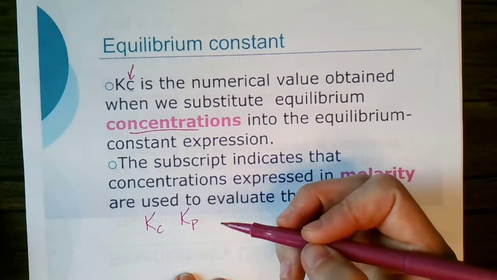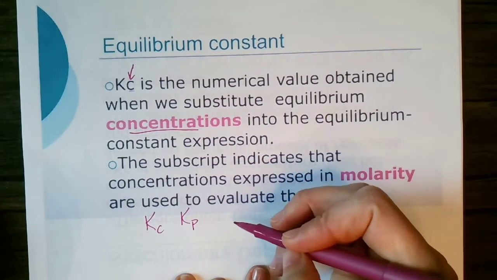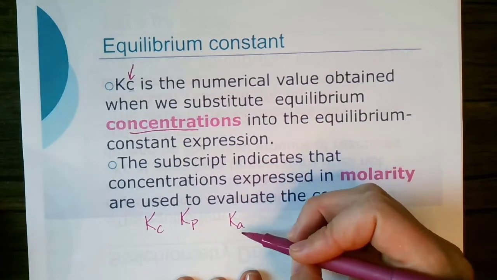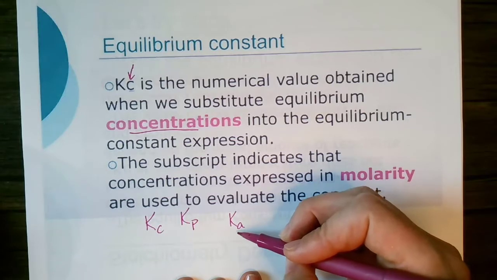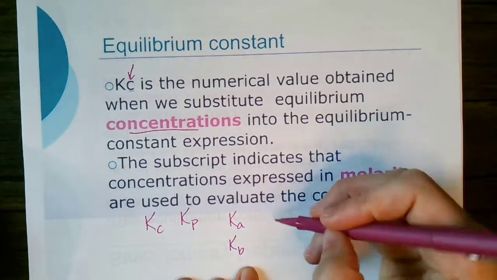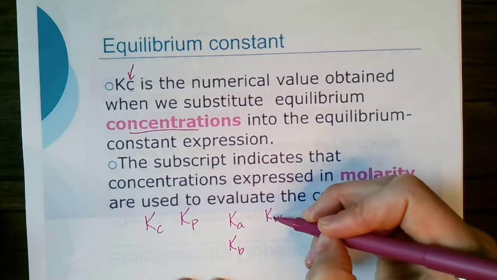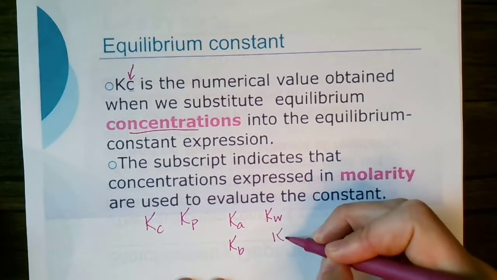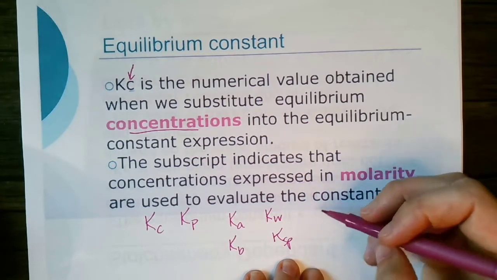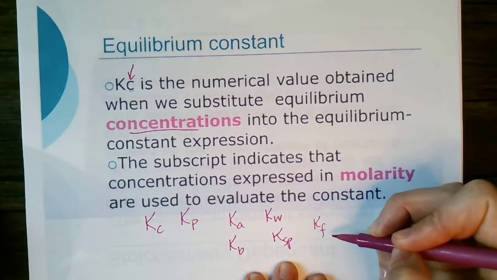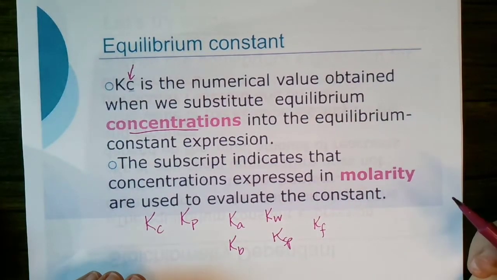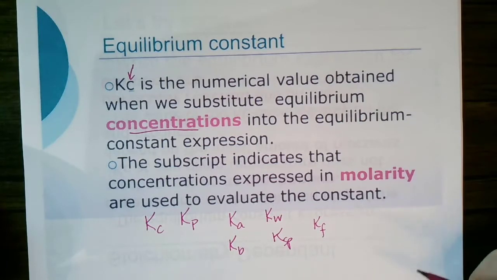And in the next few chapters, we're going to be looking at a lot of other constants. We'll see Ka, which is the constant dealing with acids, and Kb, dealing with bases. We'll see Kw, the constant with water. We'll see Ksp, the constant dealing with solubility and salts. We'll see Kf, dealing with ions. And what's great about all of these constants is that we will find them all in the same way.